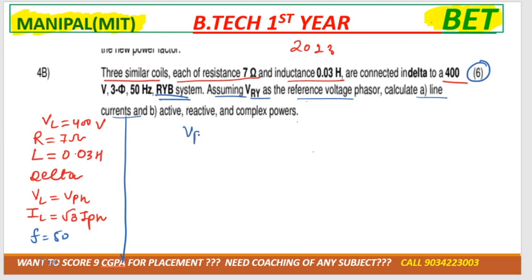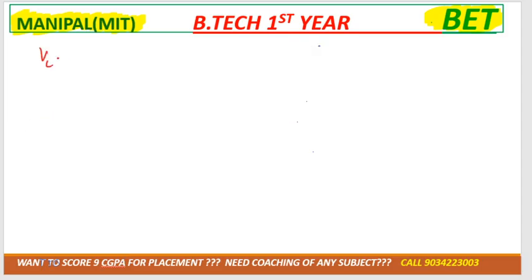As you know, according to Ohm's law, we'll have VPH is equal to IPH multiplied by ZPH, right? Now try to solve it further. This is the formula, VPH is equal to IPH into ZPH. We never use the formula VL is equal to IL into ZL, because Z is never in line.